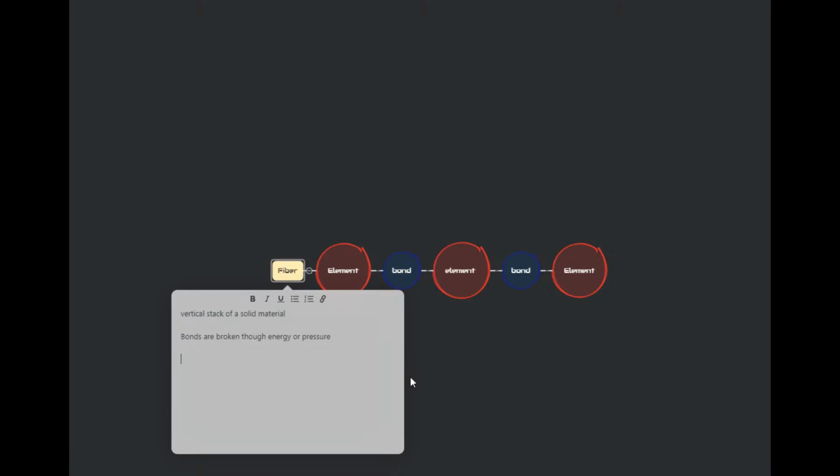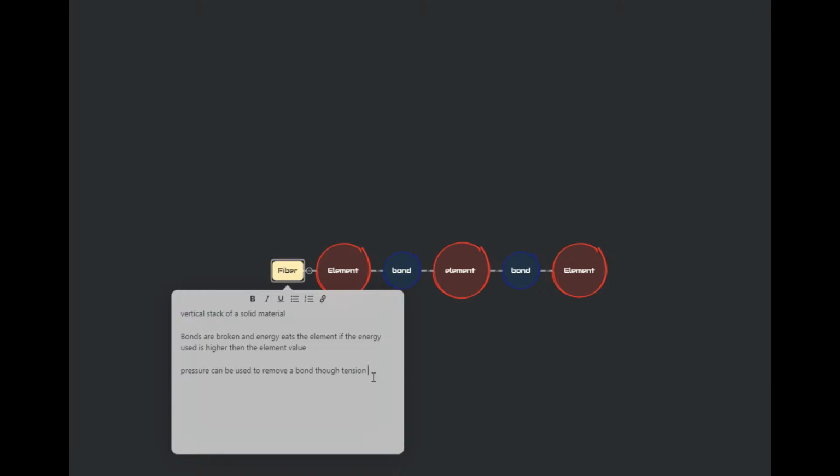Pressure. Okay, so bonds are broken. Use tension.